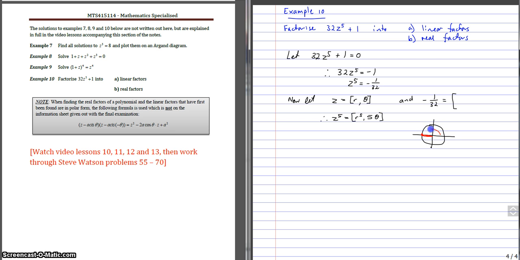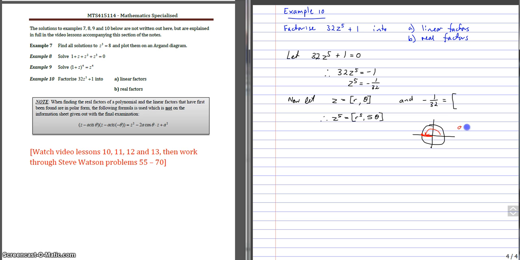So our angle then is always going to be an odd number of pi. Because it's on the negative real axis, it's pi around to this once. If we go around again, that's going to be 3 pi. Go around again, that's going to be 5 pi. Whereas the positive ones we've seen before are even numbers of pi.